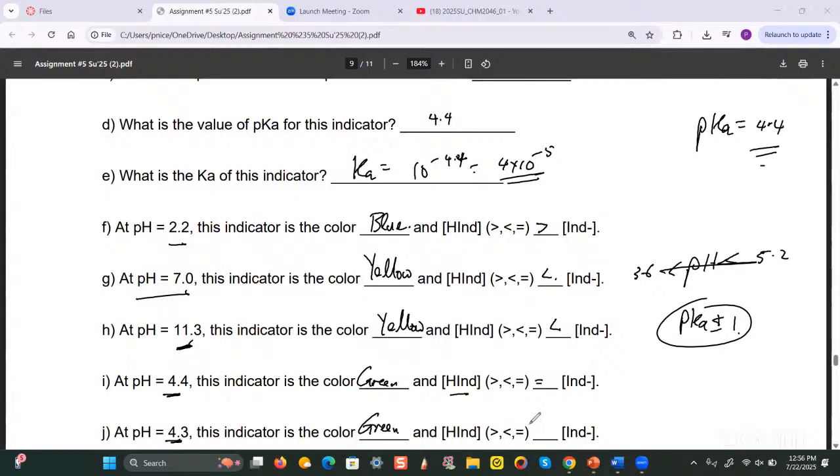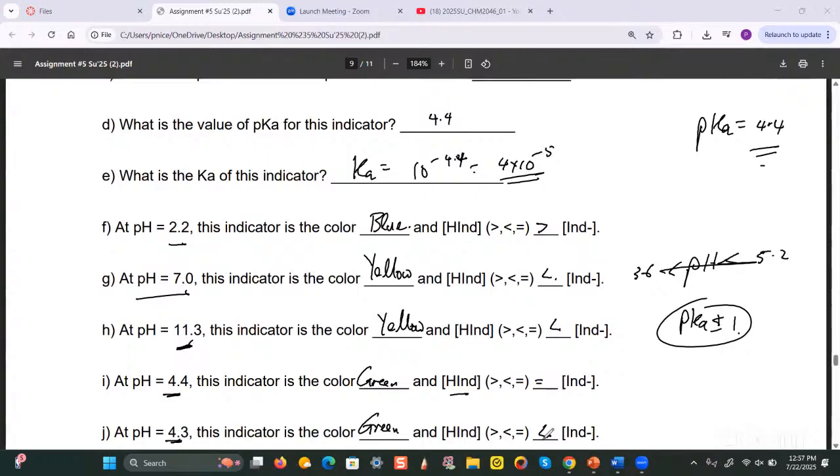But here, the concentration of the indicator will be slightly greater than that of the undissociated molecule. So if the pH falls within that range of pKa plus or minus 1, it's still going to be a green colored solution. Once it gets outside of that range, it takes on the color of the more predominant species. You see what I'm saying? So if the pH is above 4.4, the color will be blue.